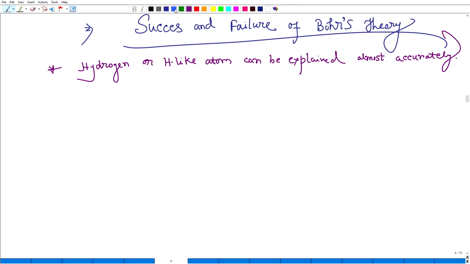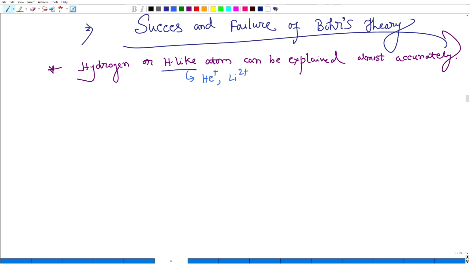A hydrogen-like atom means it must have one electron. There may be more than one proton, but one electron. That is the basic criterion. Then we can say that is a hydrogen-like atom, just like helium plus or lithium 2 plus.